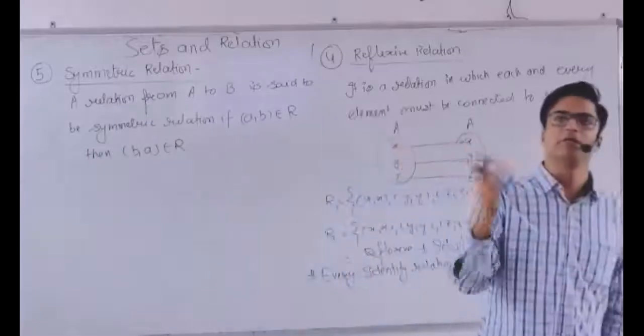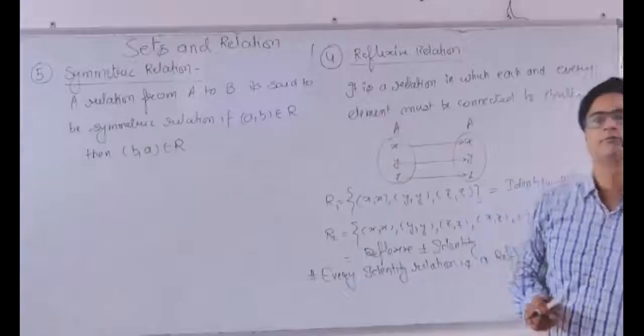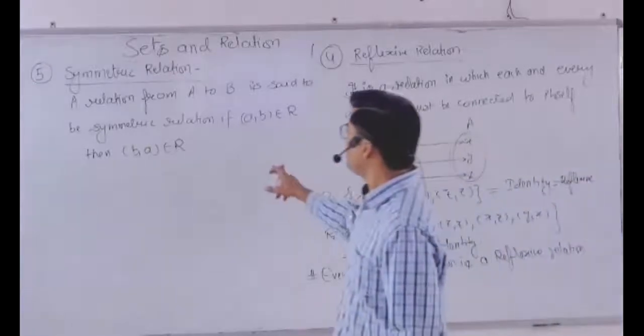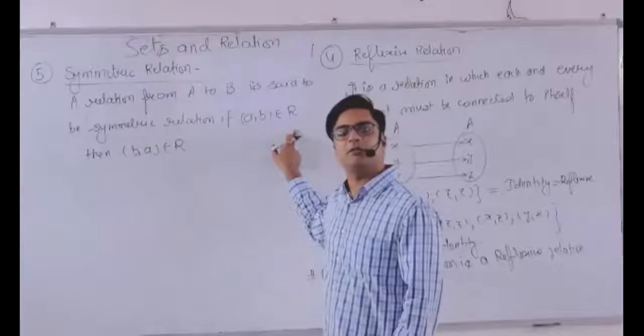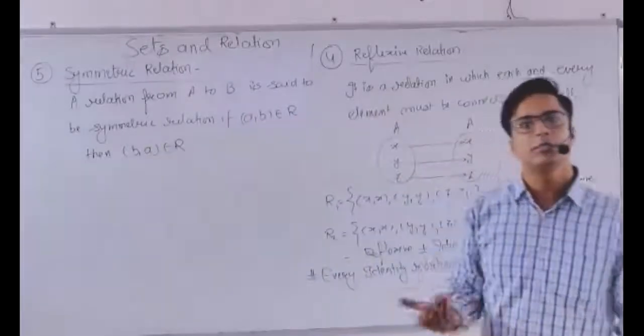Symmetric, just go by the meaning of the word symmetric. If A comma B is an element of this relation, then by interchanging their position, they must also be an element of the same relation.